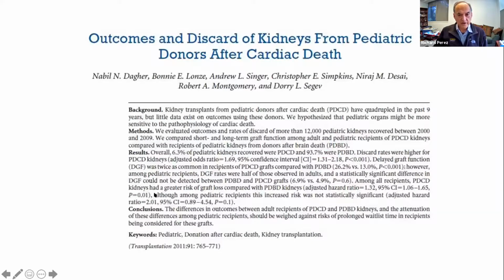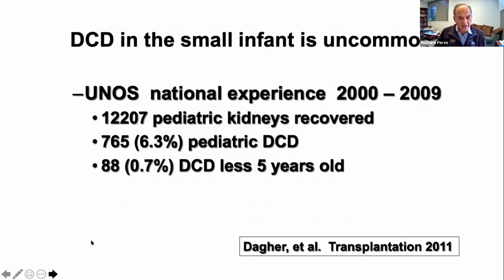circulatory death. So if you want to look more specifically at donation after circulatory death, this is an older paper, but really the data hasn't changed. Again, this is the national experience over 10 years, 2000 to 2009. And during that 10-year experience, a total of 12,000 pediatric kidneys were recovered.